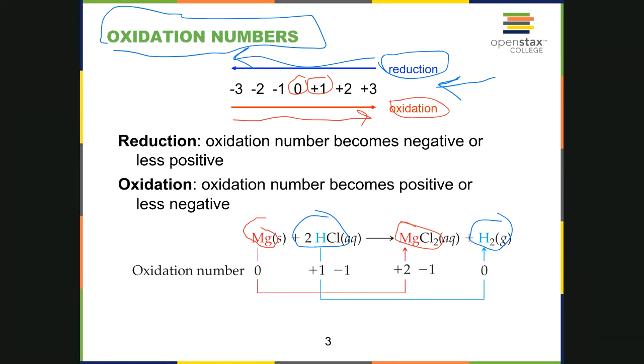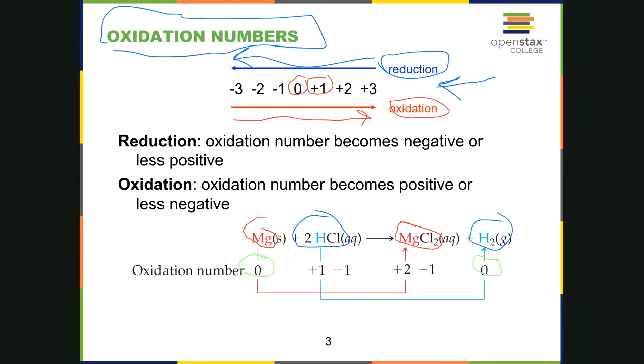If something is in its elemental form, in the way that we normally find it, then its oxidation number is going to be 0. So that's why the magnesium solid is 0, and that's why the H2 is 0. Because that's the way you normally find magnesium, as a solid metal, and hydrogen is a diatomic gas.